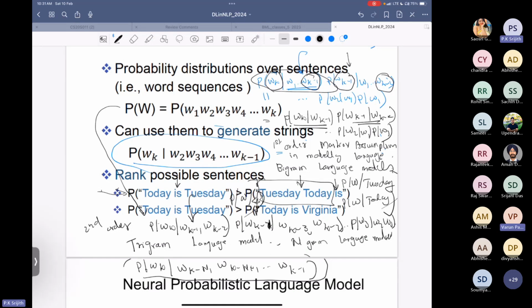All these different combinations of sampling at different positions will lead you to different sentences. You can find the probability associated with all these different sentences, and choose the sentence which is most probable. The sentence which is going to be most probable would be something like "Tuesday is today" or something like that.